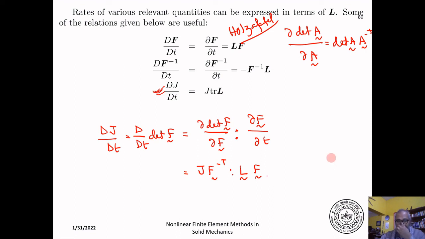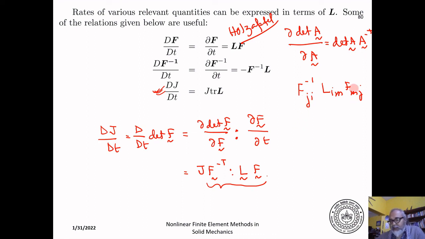Okay. Now let us look at this quantity. If you write it in index notation, you have to write F inverse_ji L_im F_mj. That is what you will have to write. The scalar quantity will be this. Everything is a repeated index here.